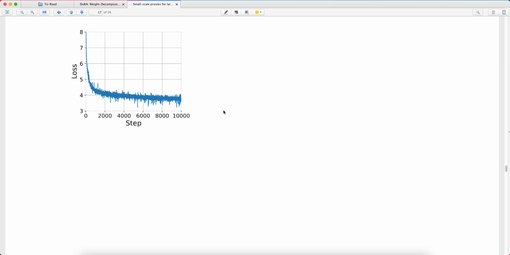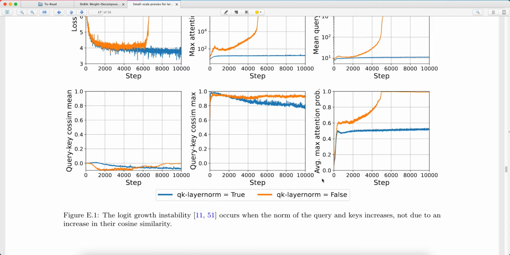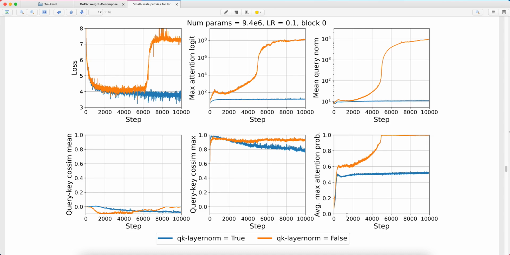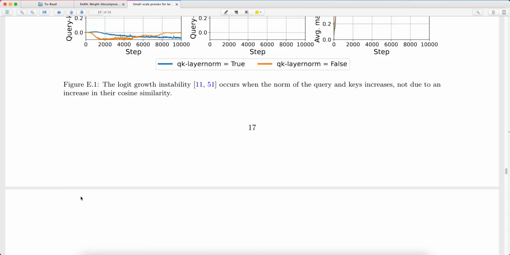So if we look at E1, mean query norm, so the query norm increases, query key cosine similarity stays the same, average max attention probability occurs when the norm of the queries and keys increase, not due to an increase in their cosine similarity. Okay.